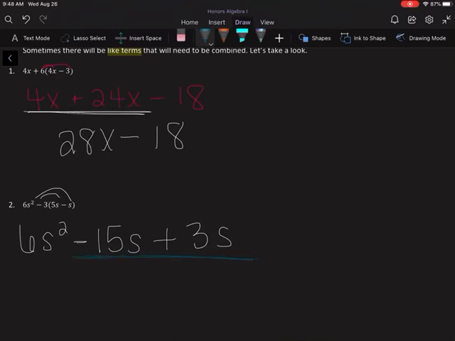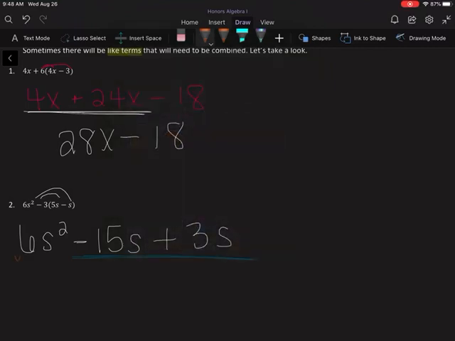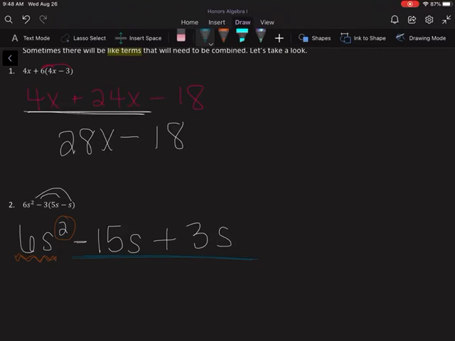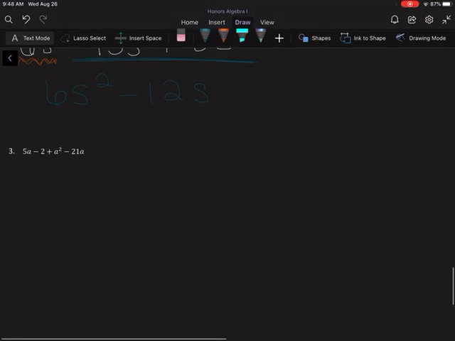These are like terms, okay? This is not a like term because it has a square, right? So we add these together. We keep the 6s squared just there. And we have negative 15 plus 3. And we know that that's negative 12s.